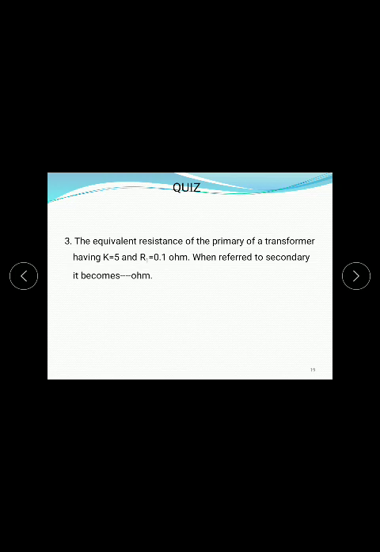R1 dash is equal to K square into R1. So 5 square into 0.1, that is 2.5 ohms. 2.5 ohms is the answer.